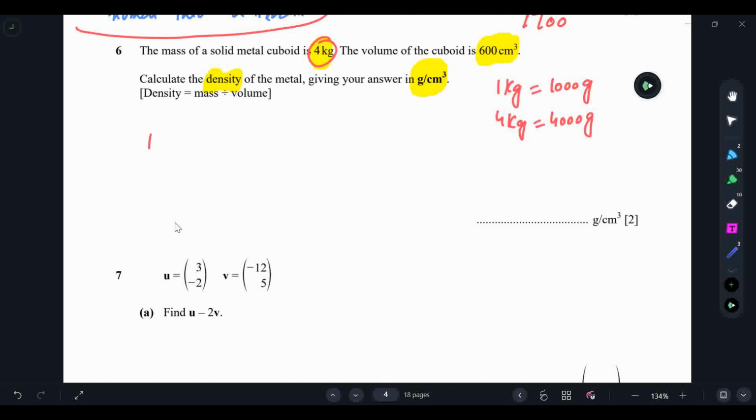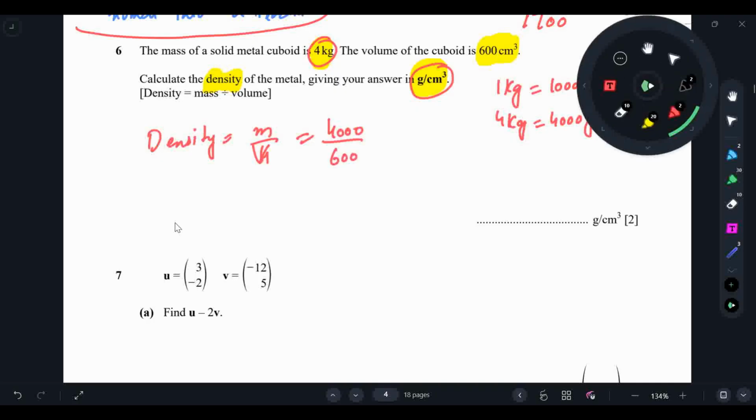The density is equal to mass divided by volume. Mass divided by volume. Now mass is 4000 grams. We need to use the values in gram, because we have to give the answer in gram per centimeter cube. And the volume is 600.